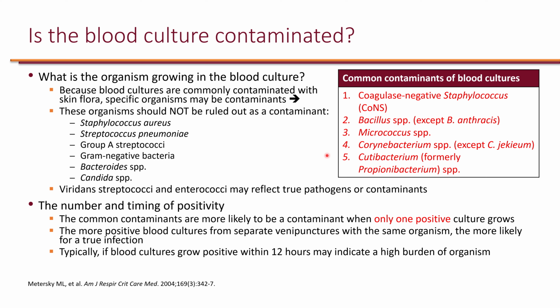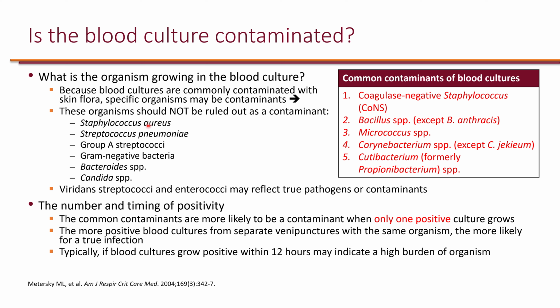Now, you only do that with these organisms. There are other organisms that you never consider a contaminant. Staphylococcus aureus, for example, because it's a deadly bacterium, if you only have 1 out of 4 bottles growing Staphylococcus aureus, you are obligated to treat it.